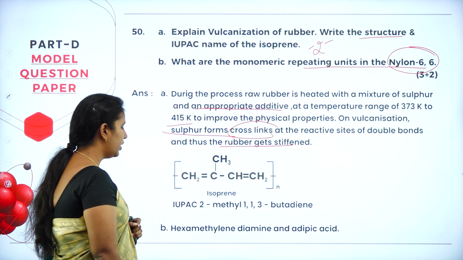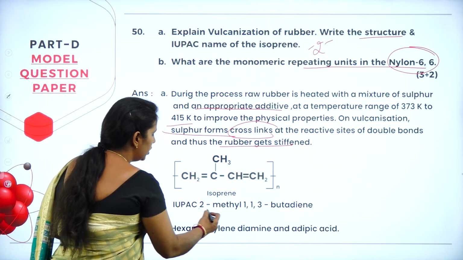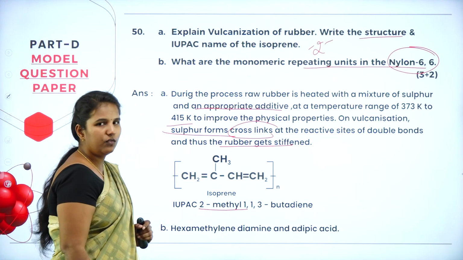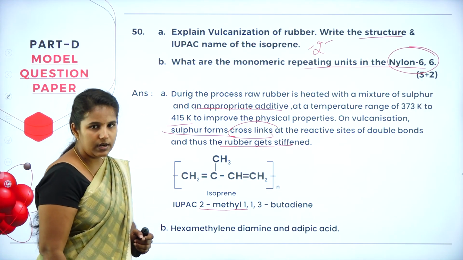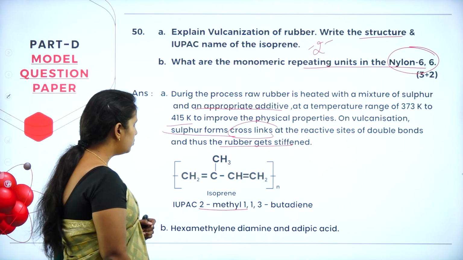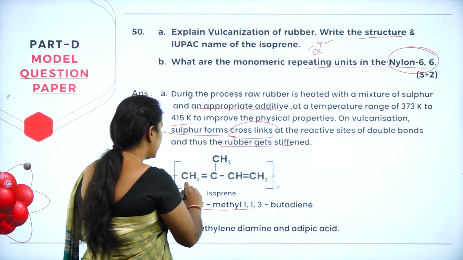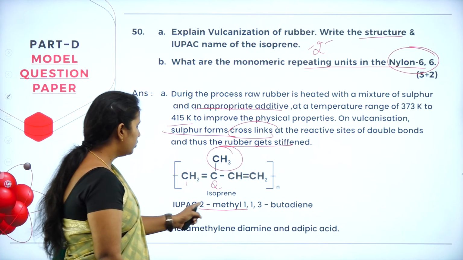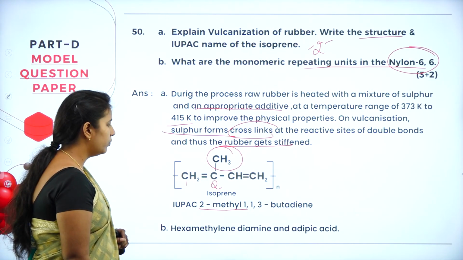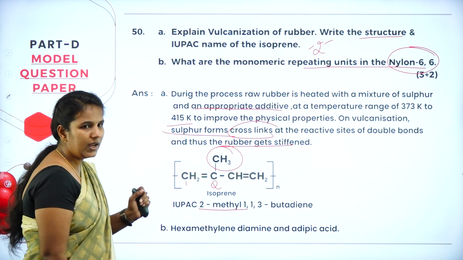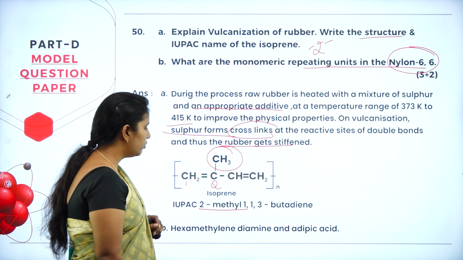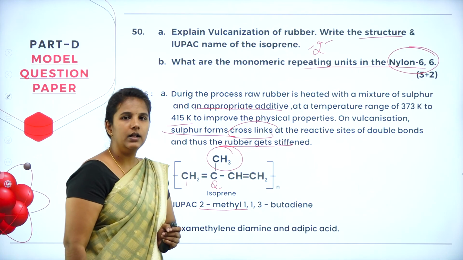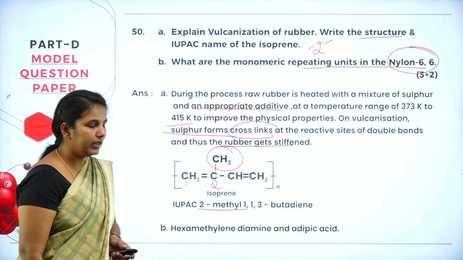And coming to the IUPAC nomenclature, it is 2-methyl-1,3-butadiene. Why is it 2-methyl? Because to the second carbon atom you can see that the methyl group is attached. Why is it butadiene? Because you can see that 4 carbon atoms will be there.